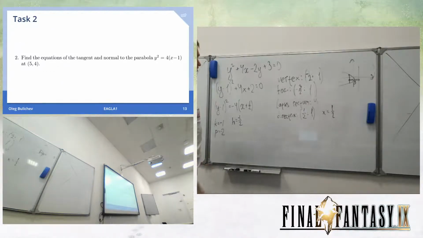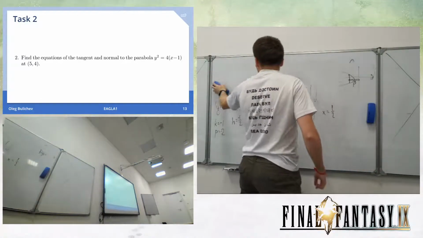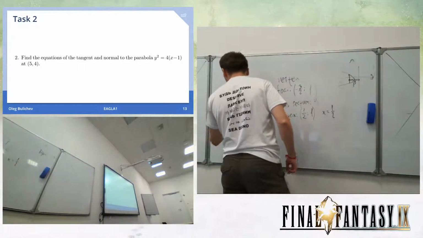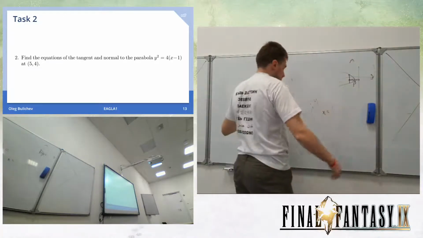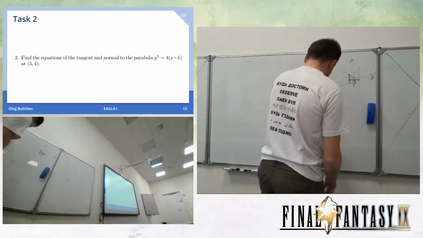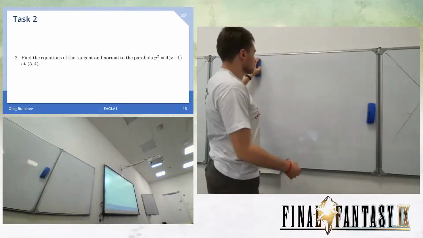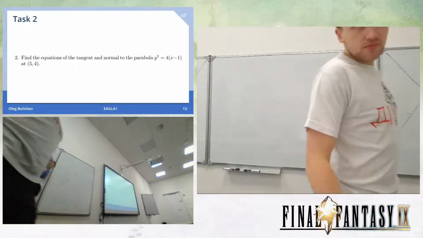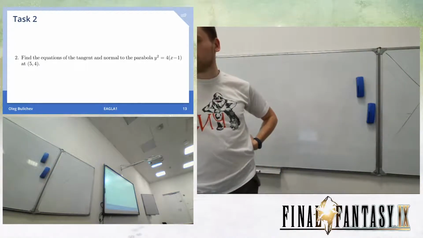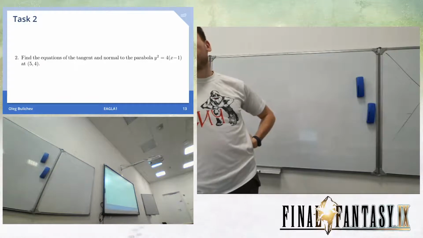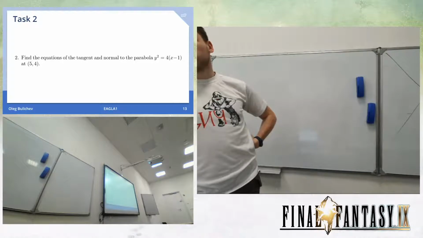Next task. Let's discuss how to solve this one. How to find tangent? Do you have any other suggestions? Find the distance from a point to the focus, and this distance should be equal to the distance from a point lying on the main axis of the parabola, and from this point we find the equation of the line.